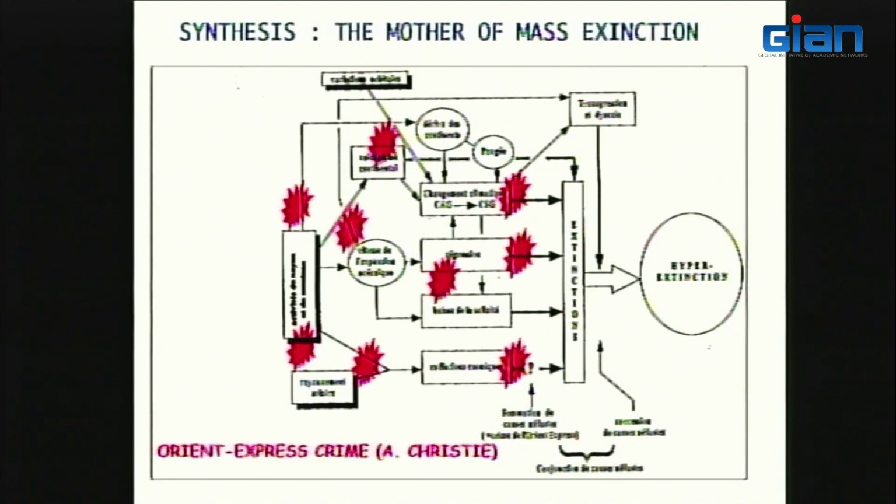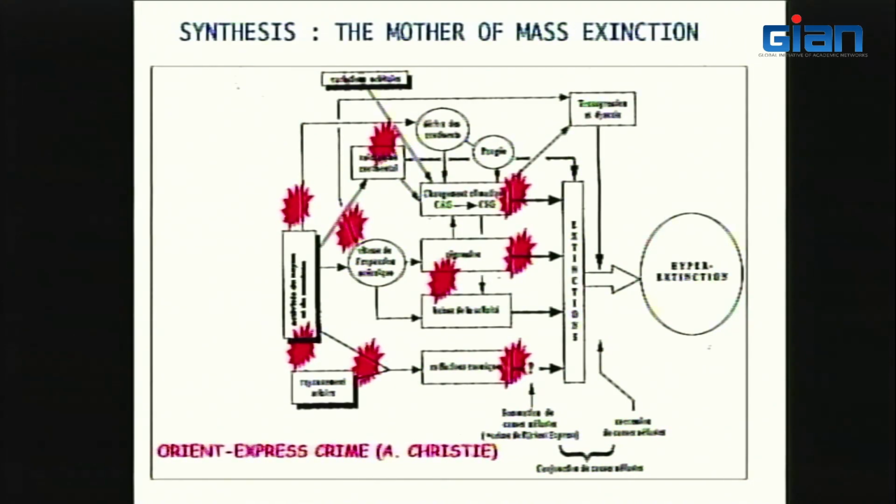This is a conjunction of several causes acting at the beginning gradually. You get more and more stress on the biosphere, and after you cross a threshold which will lead to the extinction. This is exactly what happens here.